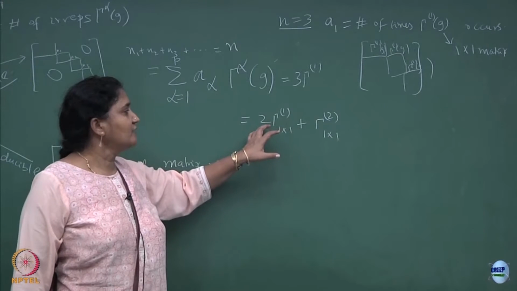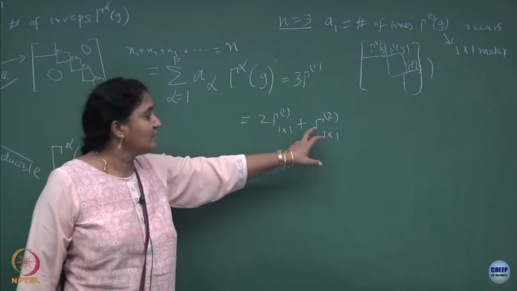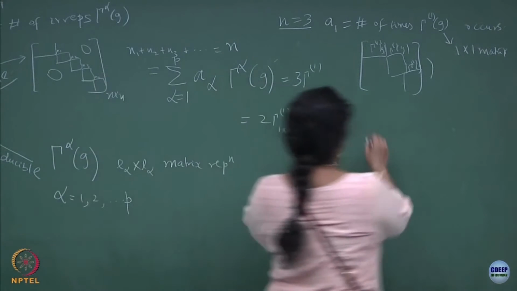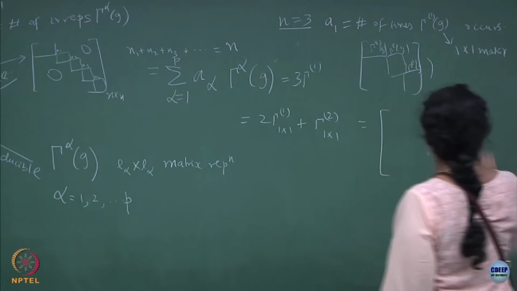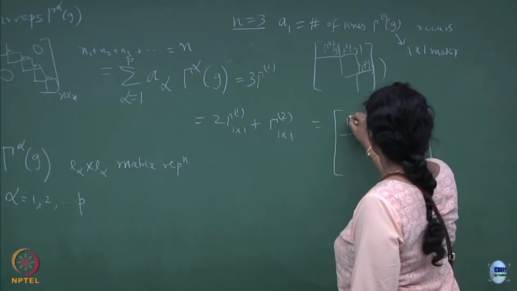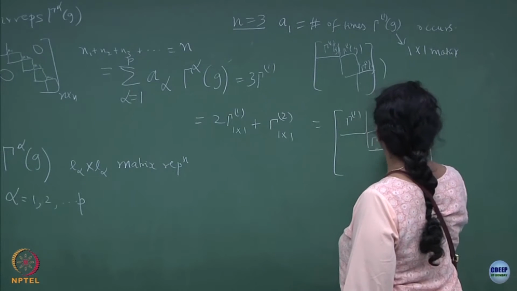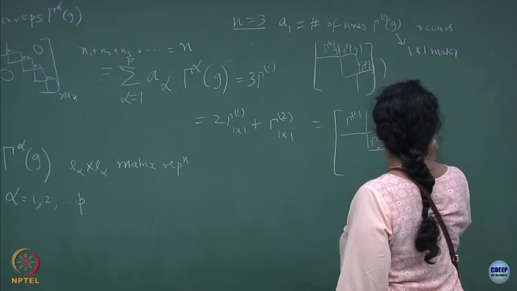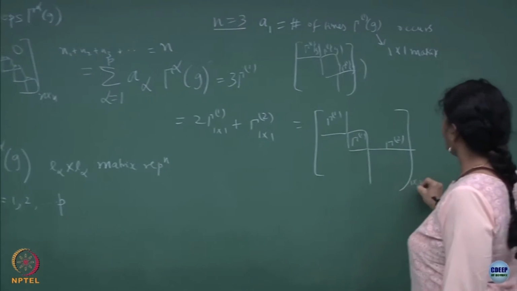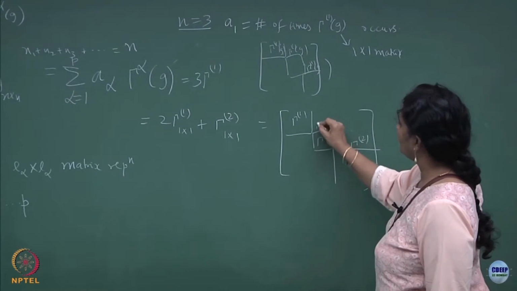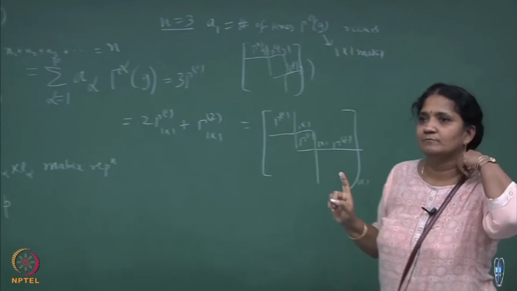This entry occurs twice, this entry occurs once. How will I show this? It will be again gamma 1, gamma 1 and gamma 2. This will also be 1 cross 1, 1 cross 1, 1 cross 1 for an example.